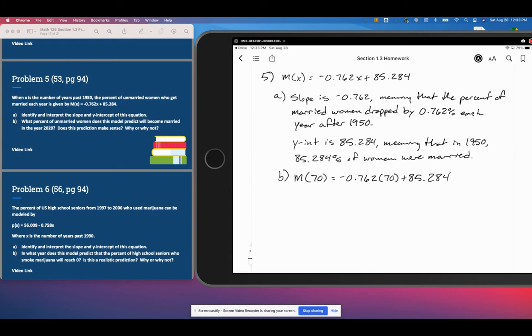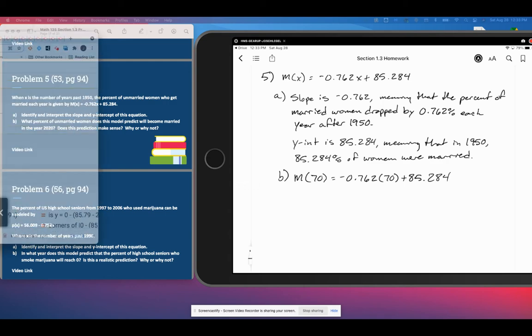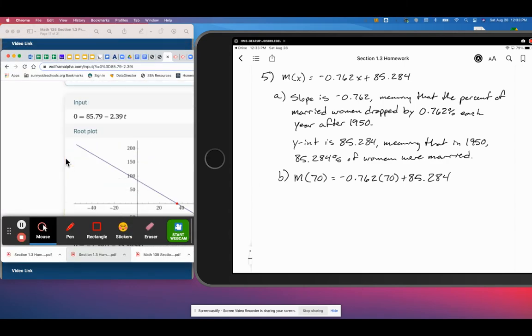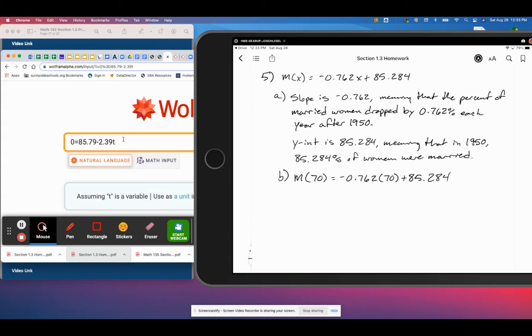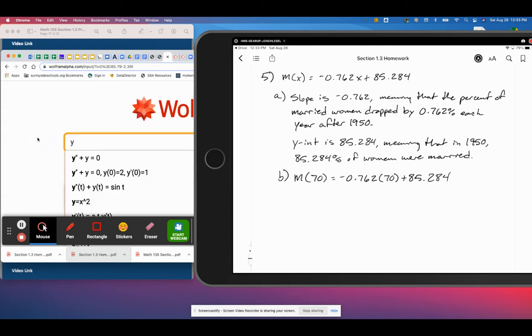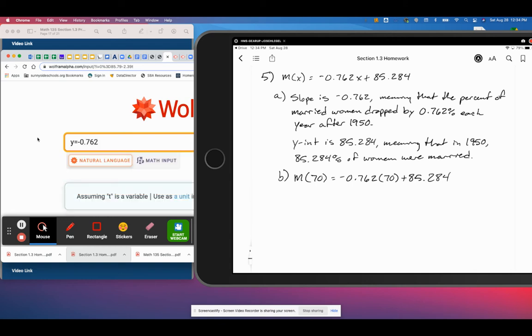And so we will take a look. I'm not sure how accurate this prediction is going to be because, again, these models don't necessarily do a great job of predicting long-term into the future. We can actually Google it and see how accurate this model ended up being. And again, instead of putting in M of 70, we are going to put in Y because Wolfram will not like the M of 70.